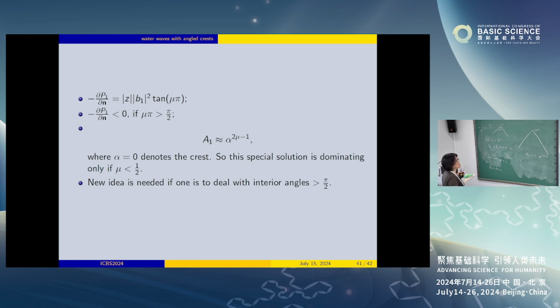Because if it's bigger than 1/2, this is close to 0 at this point, and then it's not dominant anymore. So that's another reason you don't deal with angles greater than pi over 2. Definitely it doesn't mean that the water wave equation doesn't allow an interior angle bigger than pi over 2. It just means that it requires a new idea.